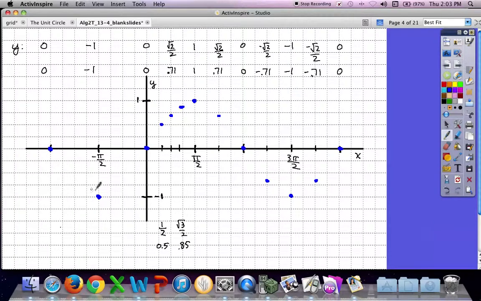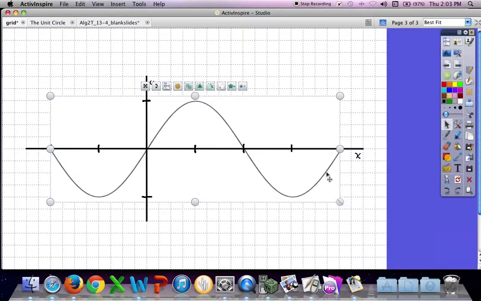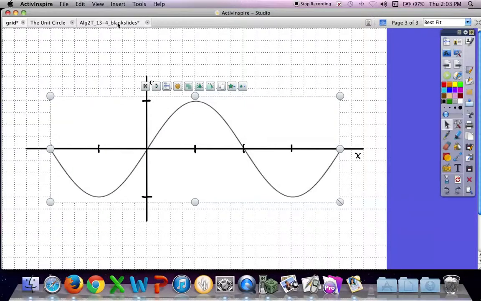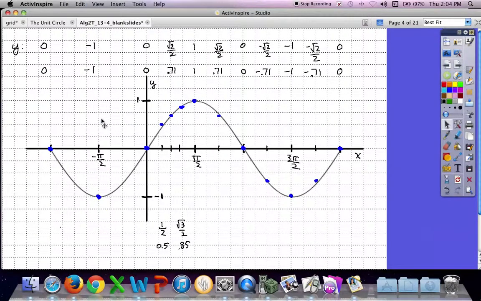So there are all of our points. And of course, you could connect them with a smooth line, and that would be the graph of a sine function. And I cheated. I already have the graph. And there it is.